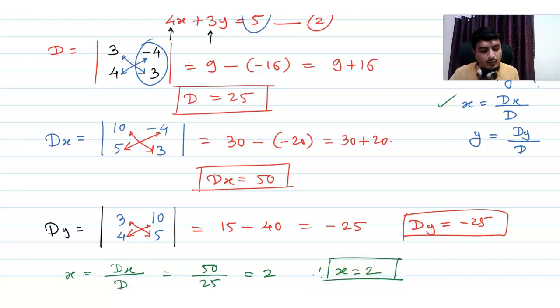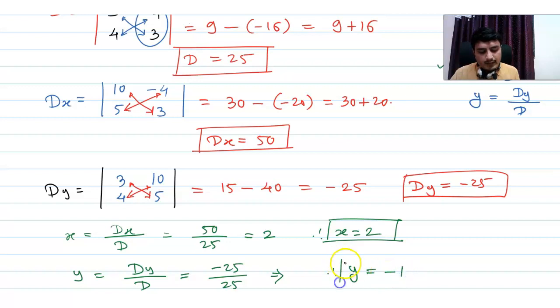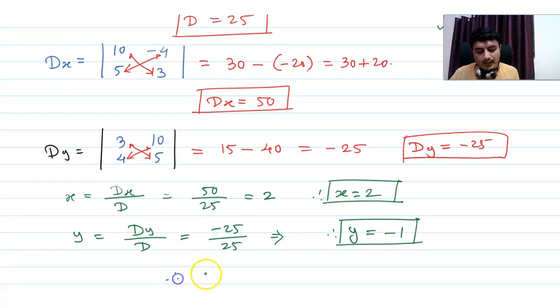Now to evaluate the value of variable y, as per Cramer's rule, y equals Dy divided by D. Dy is -25, while D is 25. Minus divided by plus becomes minus, so the value of variable y is -25 ones are 25, so the value of y is -1. So at last we write our answer: x comma y equals x is 2, y is -1.